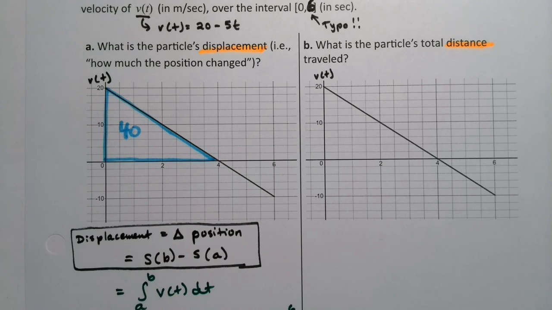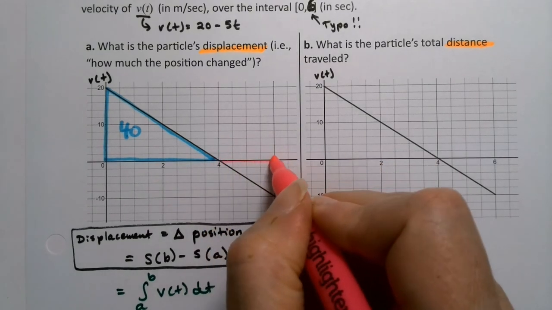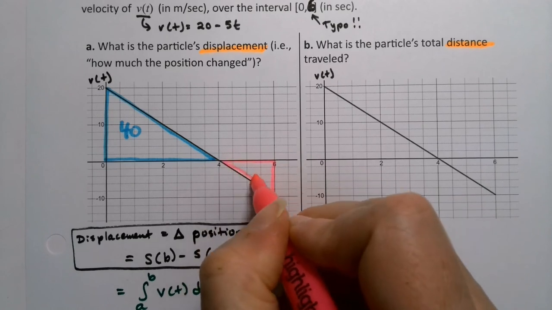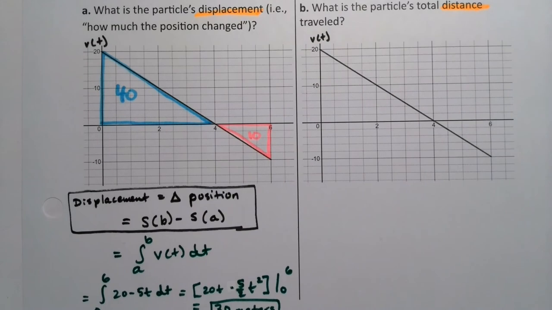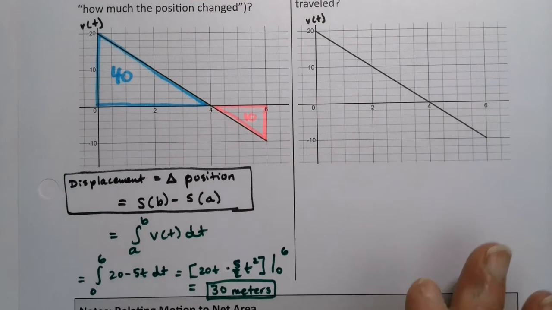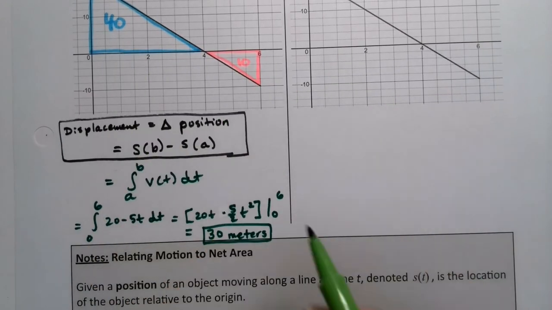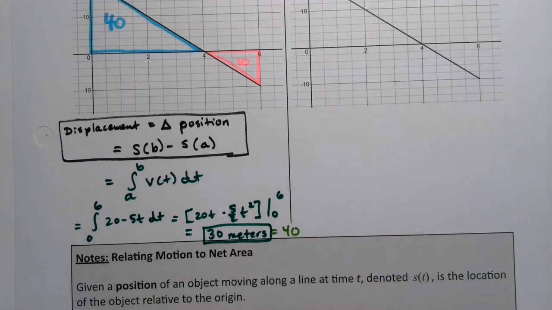And then this part right here, and again, one half base times height would be 10. So you could also get it not by just taking the integral, but from 40 take away 10, because this is below the x-axis. 40 take away 10 is 30.